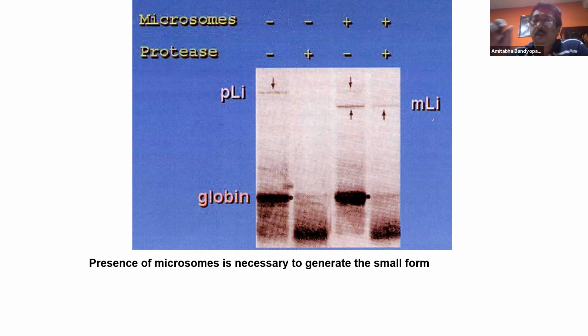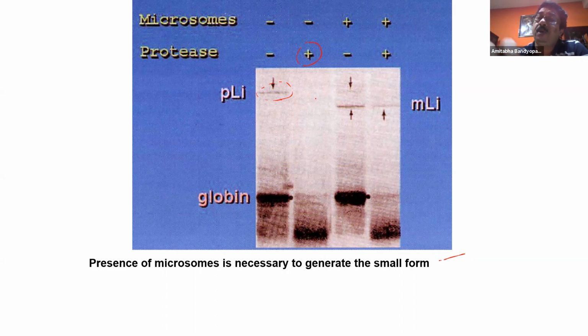Here is another way of looking at it, to demonstrate that the presence of microsomes is necessary to generate the small form. If you just do the in vitro transcription, you get the larger form. If you do it in the presence of a protease, there is nothing to protect the protein, so it is completely degraded.